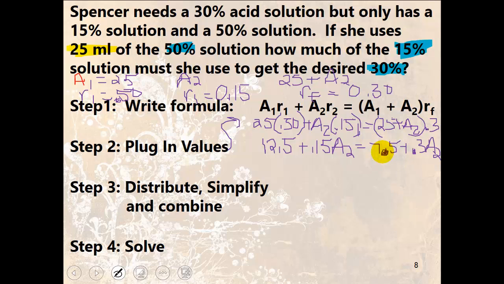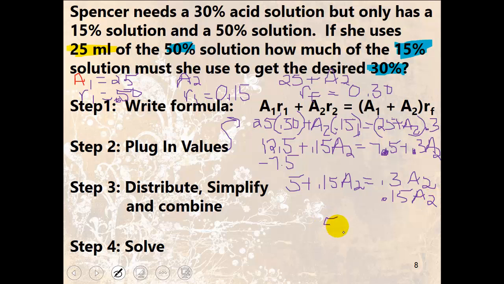There we go. Okay. So I'm going to move my 7.5 to the left, subtract it. That gives me 5 plus 0.15 A2 is equal to 0.3 A2. Now I'm going to subtract my 0.15 A2.